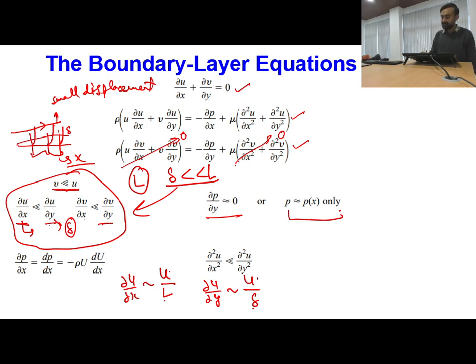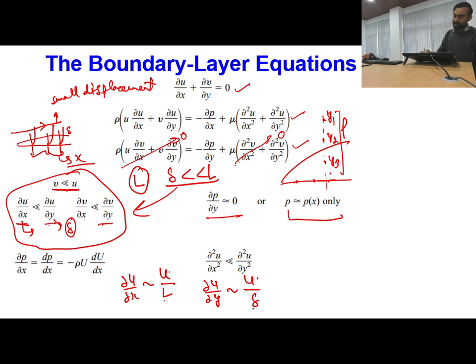The meaning of this is that if this is my boundary layer, then at any value of x, at different points, say y1, y2, y3, the pressure is the same everywhere. But if I vary the points in the x direction, then the pressure is different. Okay, so that is the meaning. So it means that if I calculate the pressure outside the boundary layer, then I can apply the same value of pressure within the boundary layer also.